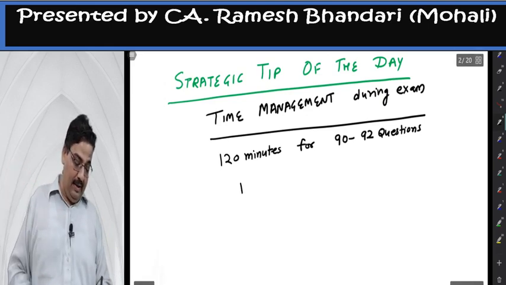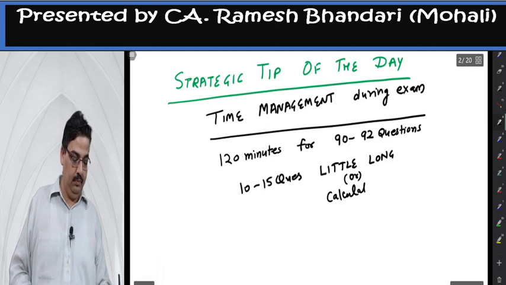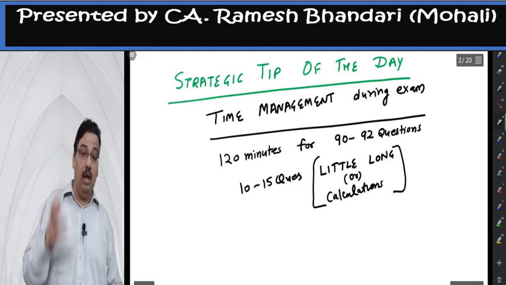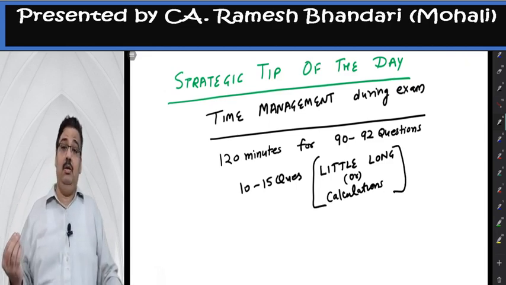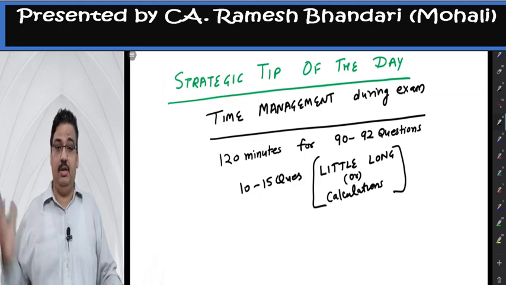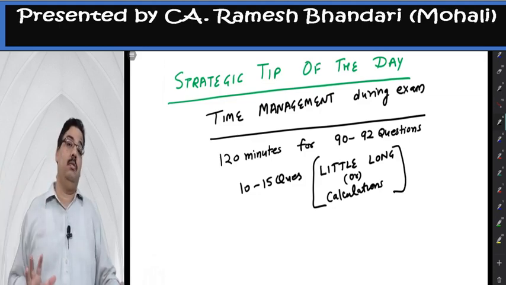There will be 10, maybe 15 questions which are a little long or which require calculations. These must be revised. The little long questions, if you are sure about the answer, don't need to revise. Otherwise, within 30 seconds, a question can be attempted if you know the answer.